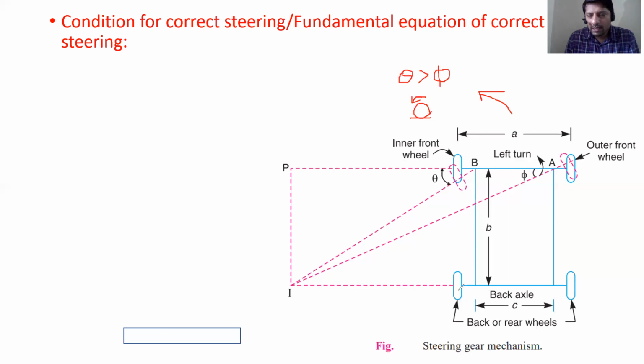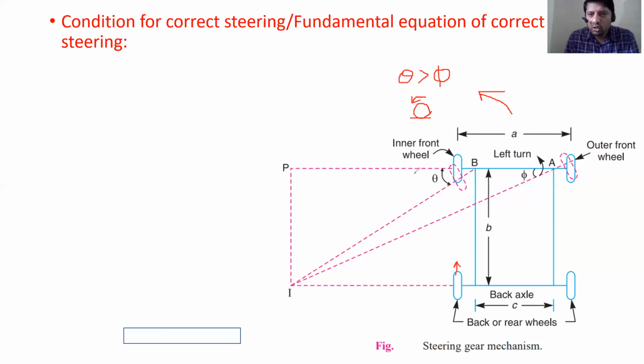Now you know that the back wheels' direction is already fixed. So the ICR must lie along the perpendicular to the direction of the velocity of the back wheels, in this direction.